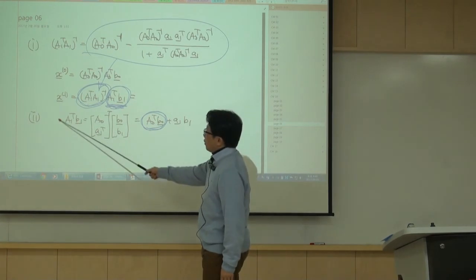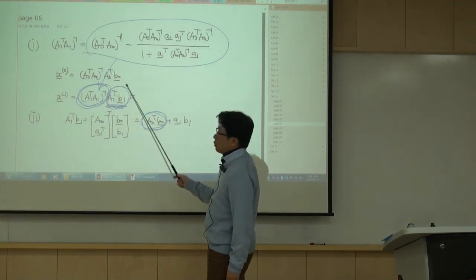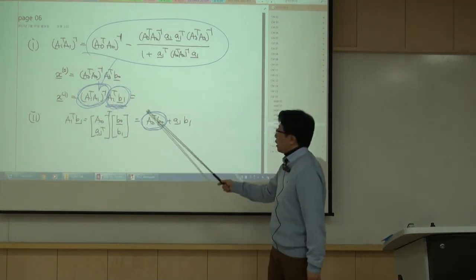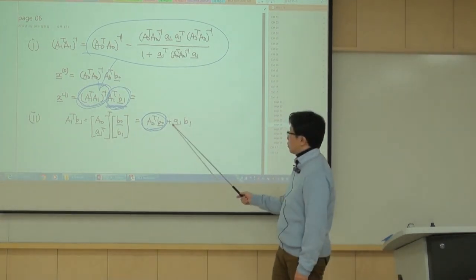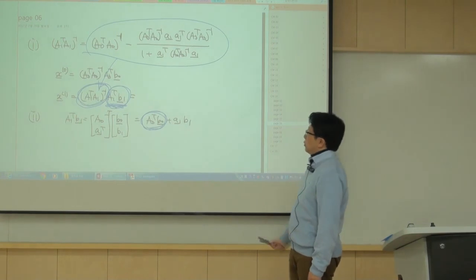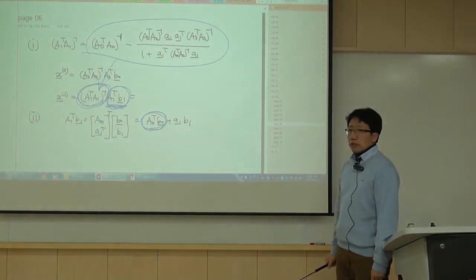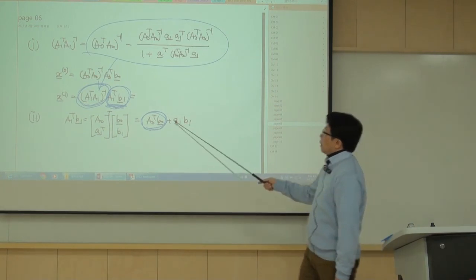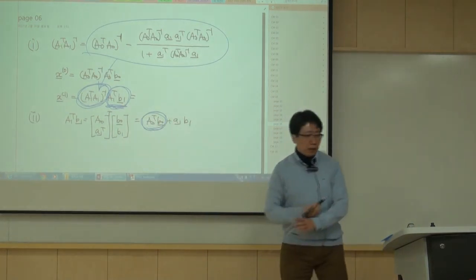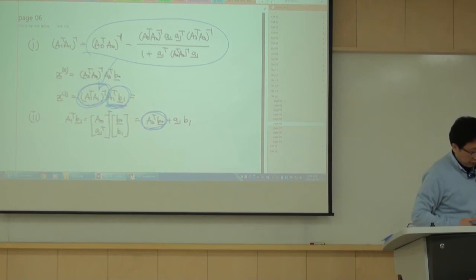So my current A1, B1 is my previous A0, B0 plus the correction term. And this is all from the current observation. So by plugging here, you have the complete formula for the update.